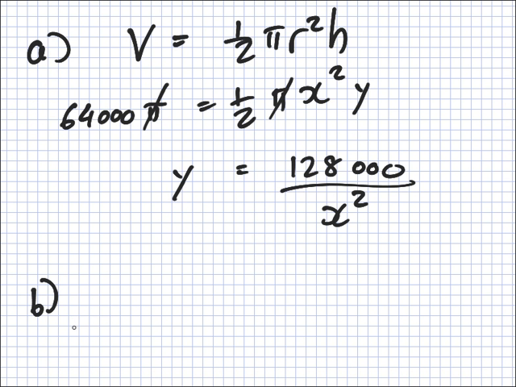B, what's the surface area? So the area here is pi. By surface area, what do they mean, sir? Like the top, the opening? The surface area of the inside?